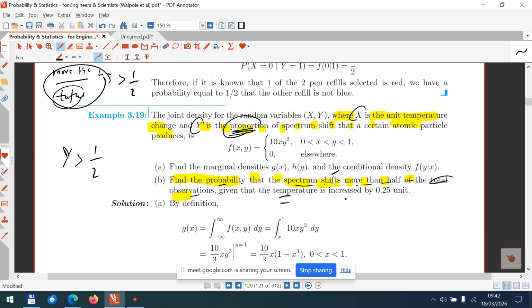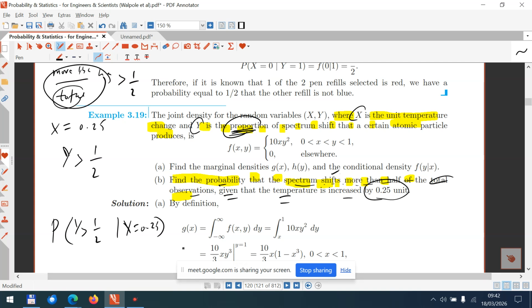And the temperature is increased by how many units? 0.5, so x is 0.25, given that. So the probability in part B will be: given that x equals 0.25, you will look for y greater than half.